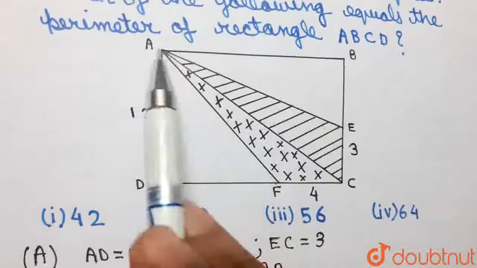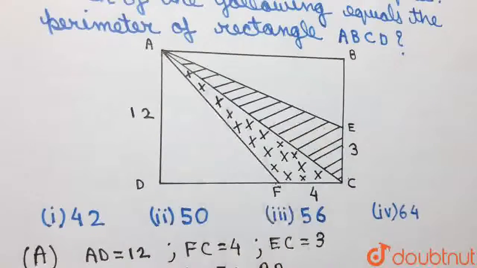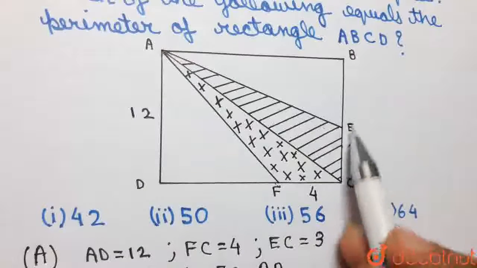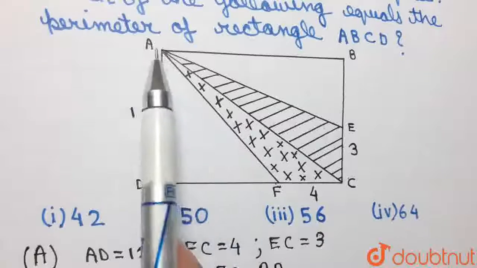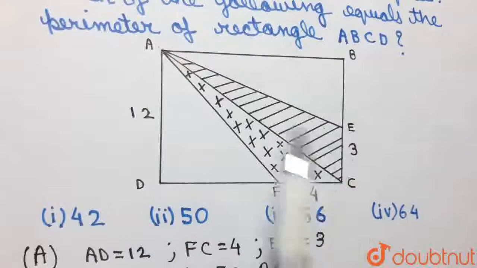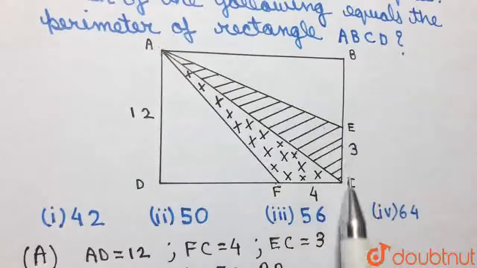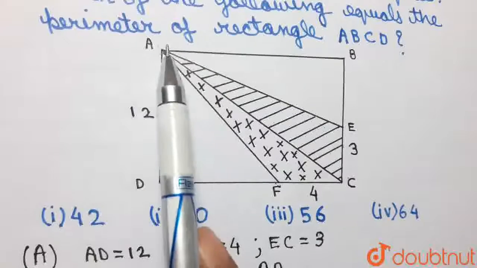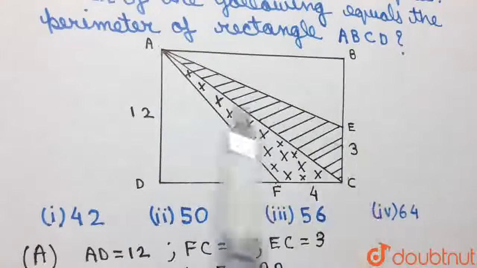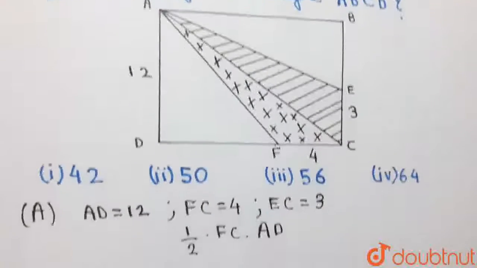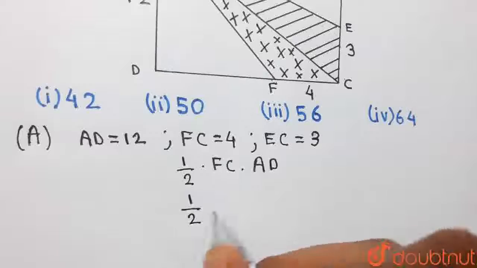For this triangle AEC, which is the shaded region, the base is EC, whereas the height is the distance of the topmost vertex from the base, which will be AB, because that is the distance of point A from the base EC. So the area of the shaded region is half into EC into AB.